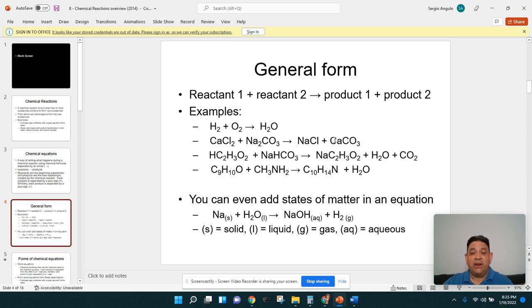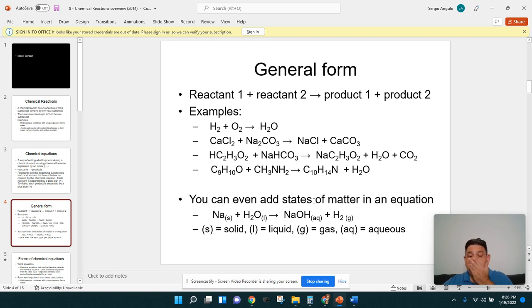Once again, I know that they are the products because they are on the right side of the arrow, and there are two of them because there's one plus sign separating the two. And here are a few more: acetic acid reacting with sodium bicarbonate to form sodium acetate, water, and carbon dioxide, as we had before, and other chemical reactions right here.